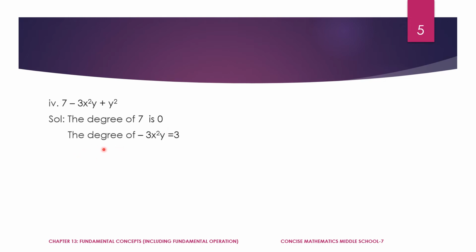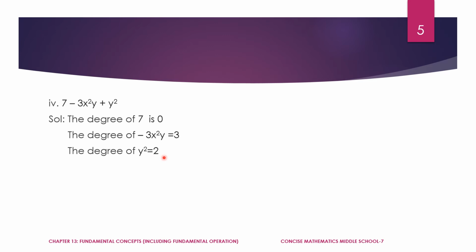Next, the degree of the second term. Now we are considering the second term, the degree of minus 3x square y. Here we have to add the exponents of the variables x and y. 2 plus 1 becomes 3. And the degree of the third term y square, so the answer would be 2, because there is only one variable and the power is 2.